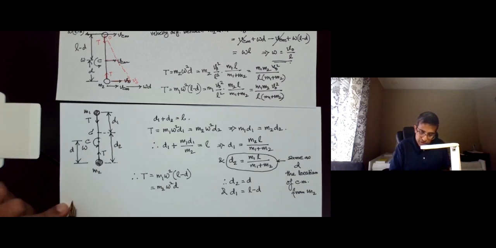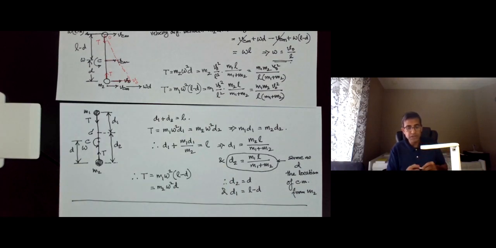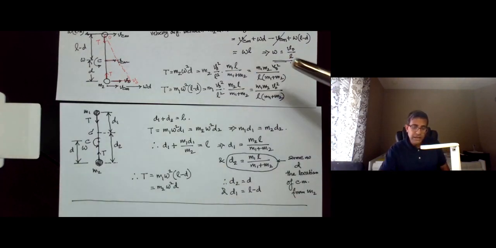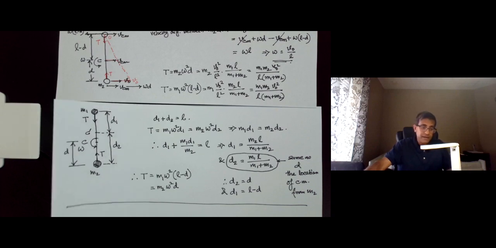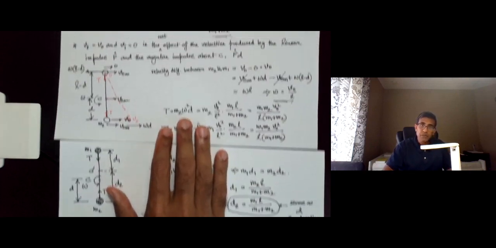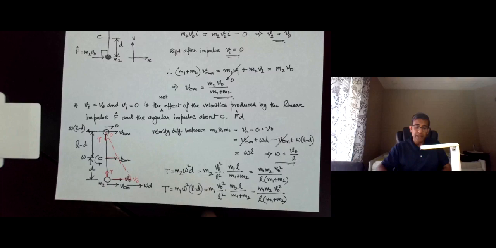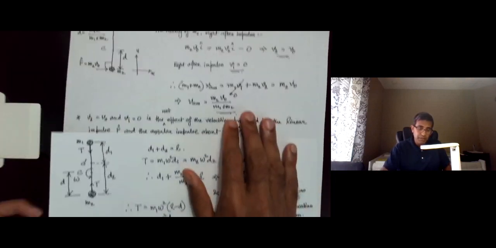So you see, if you consider this approach to the problem, we are not really dealing with the center of mass, and we are not really applying the angular impulse momentum equation. We are just applying the linear impulse momentum equation, and that too on a particle by particle basis.